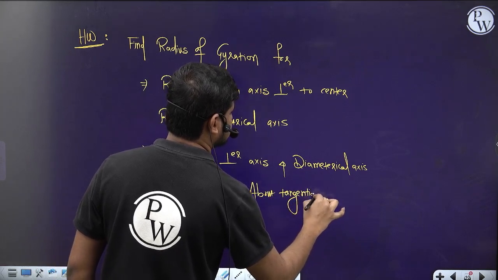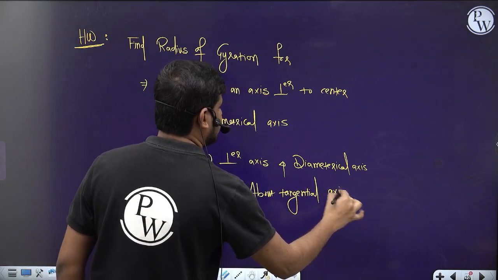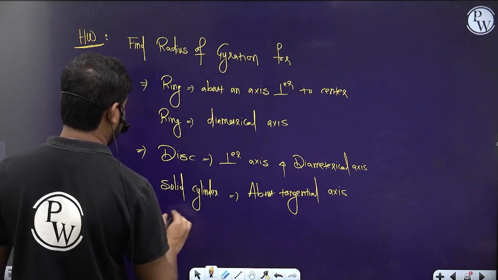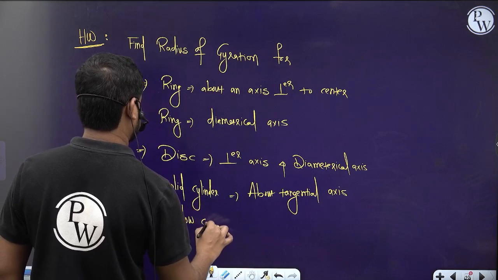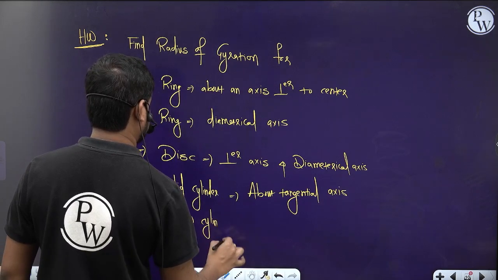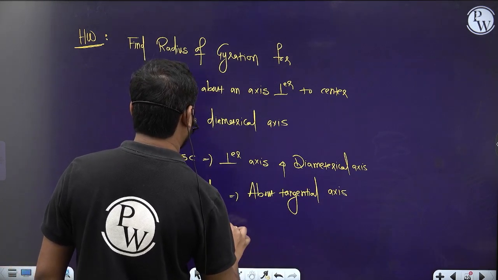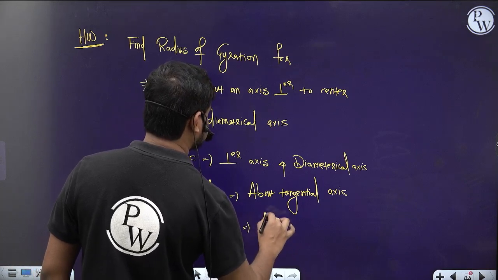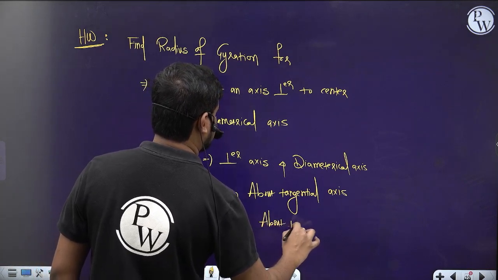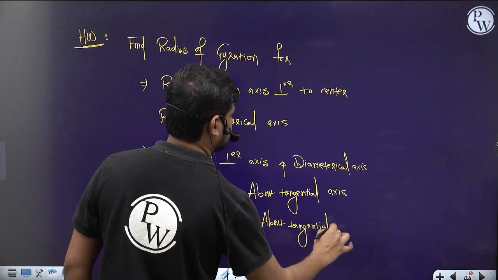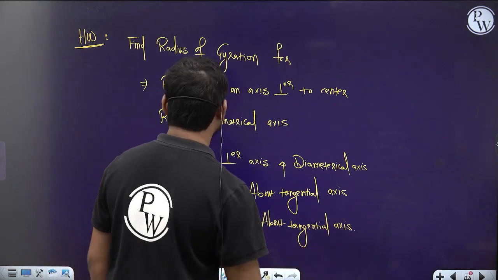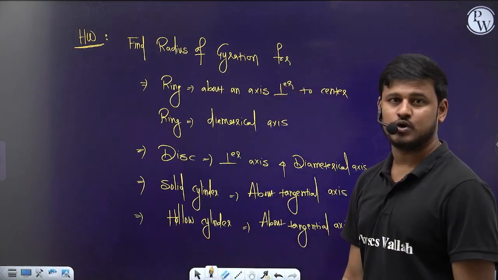Simple questions all these are. And then for the hollow cylinder about its tangential axis. So find these, take this as homework.